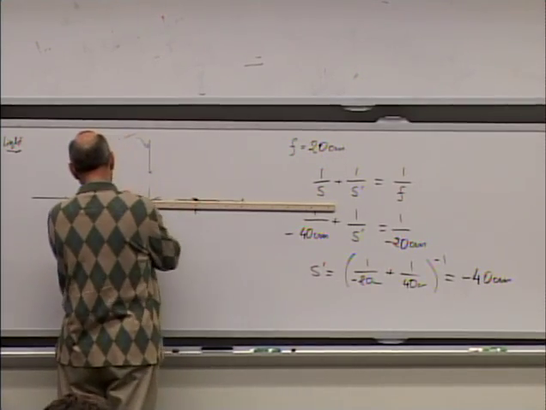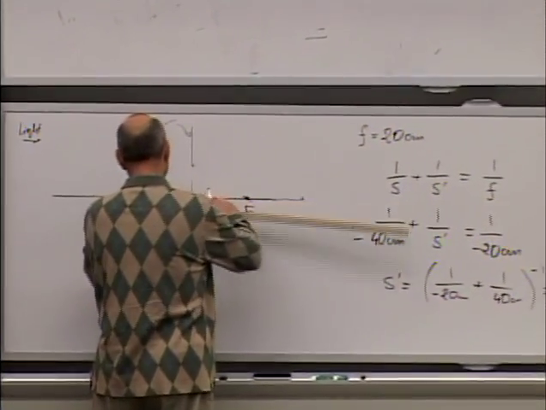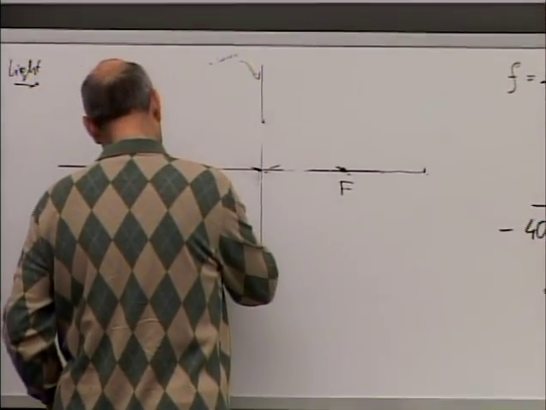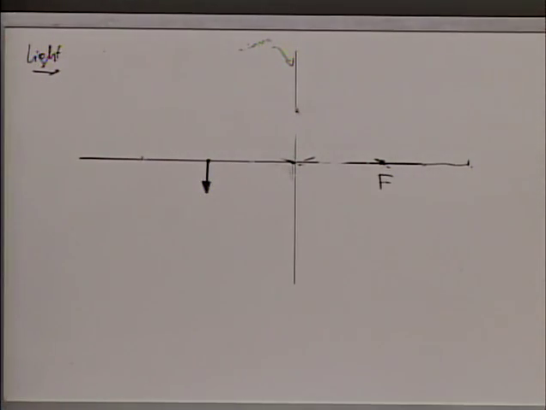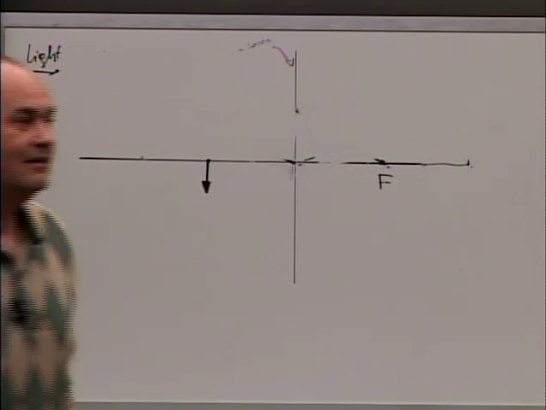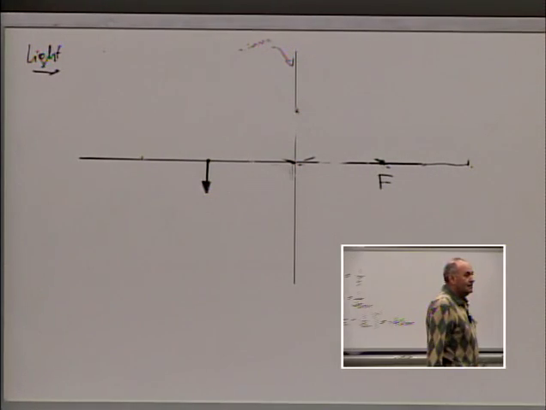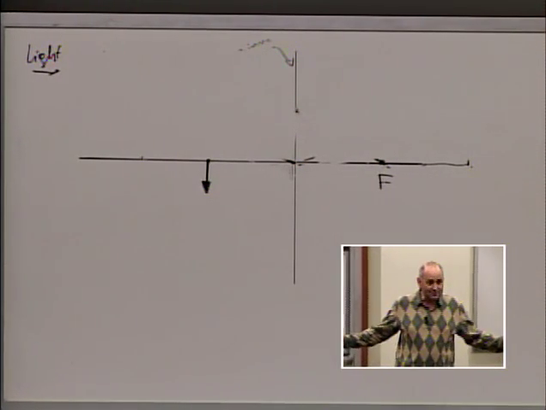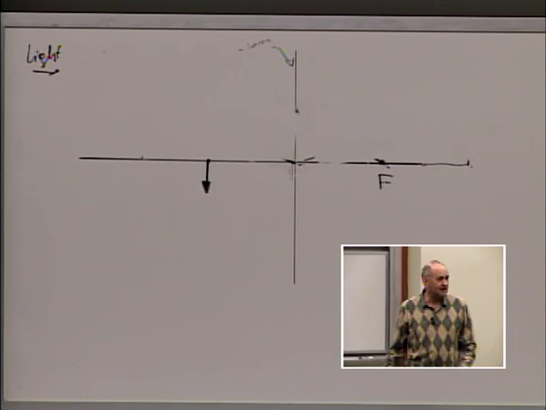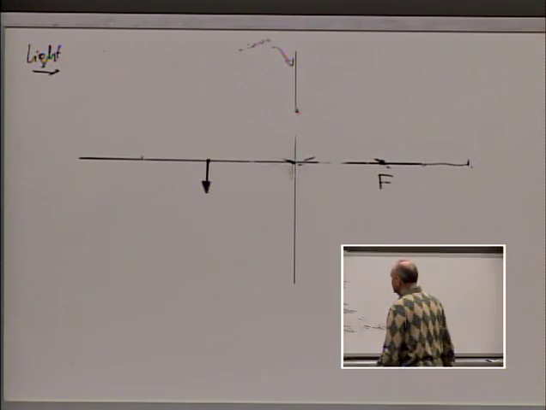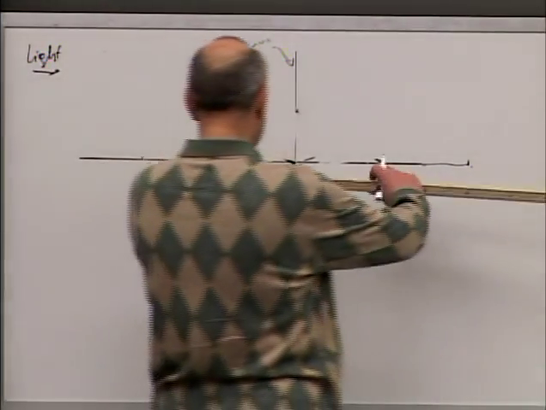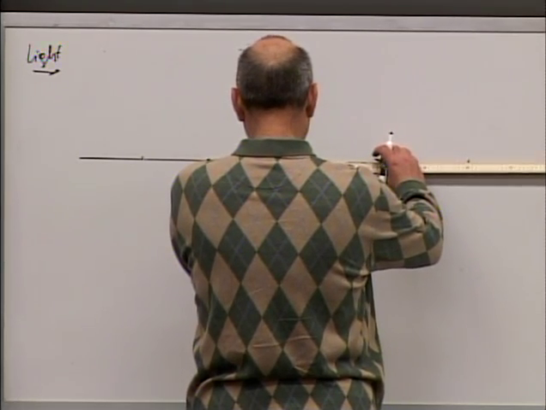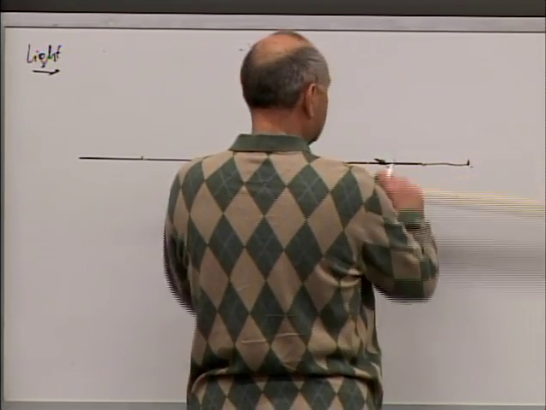I want to have the image here. What kind of image do I want to have? Real or virtual? Real. Why? Because we see that it's on the side where the reflected light travels. It means that it is supposed to meet here. And I made it 20 centimeters.